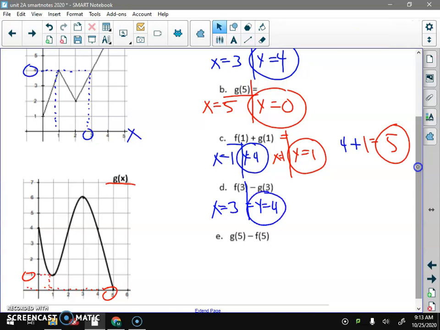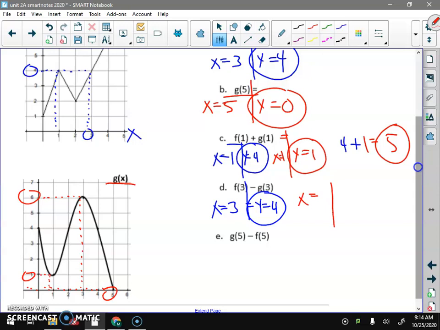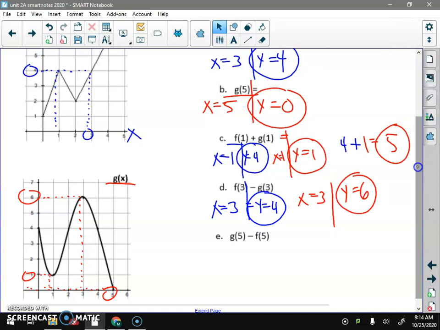G of 3, we're going to go up from the 3 and over to 6. But this time, what are we going to do with those two numbers? We're going to subtract them. So we take the blue 4 minus the red 6. Use your calculator if you need to. And we get negative 2.